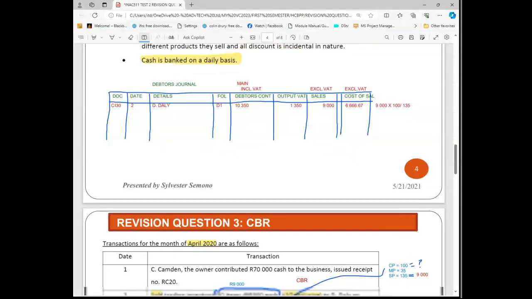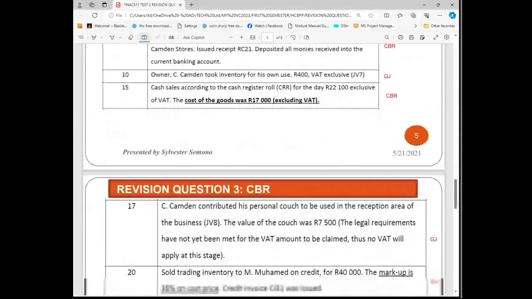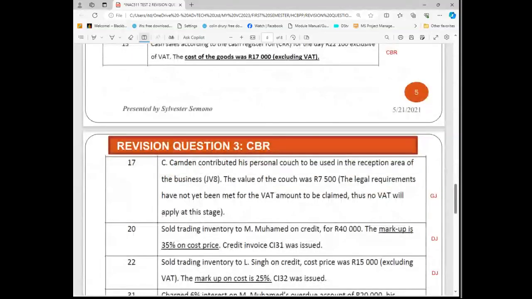If I remember very well, that was not the only transaction where we said DJ. You've got another one here, on the 20th. On the 20th, we've got Mohammed here, and then we have got 40,000 here, and we've got a markup of 35% on cost, and we've got CI 31. So you need to go there, CI 31 on the 20th.